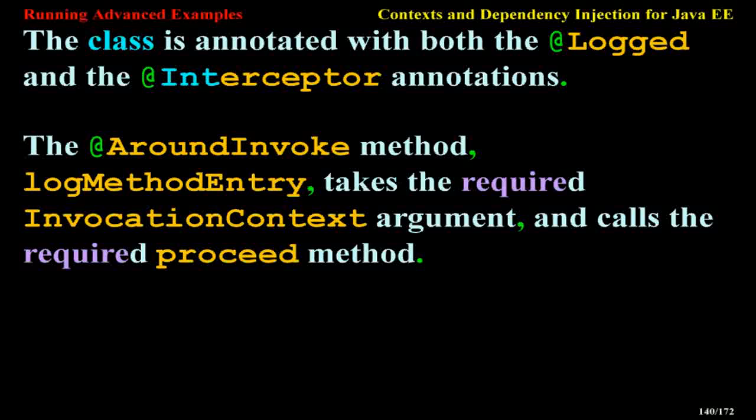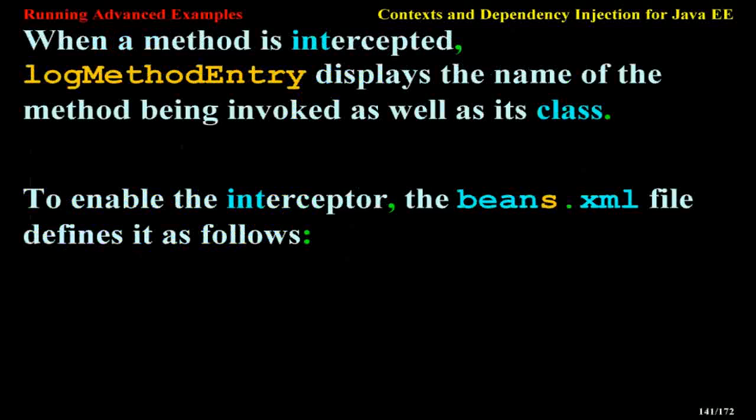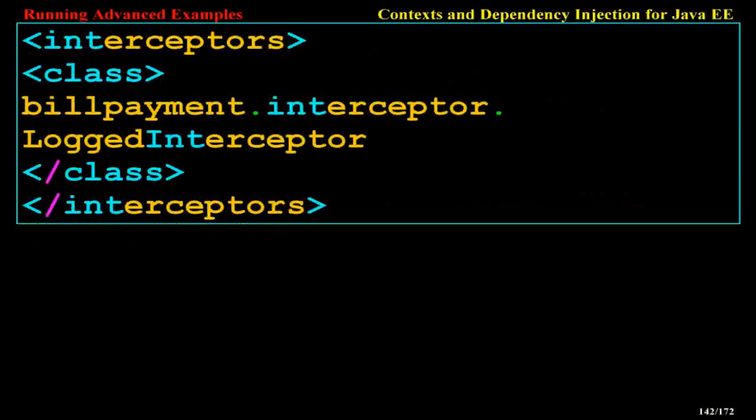The AroundInvoke method, logMethodEntry, takes the required InvocationContext argument and calls the required proceed method. When a method is intercepted, logMethodEntry displays the name of the method being invoked as well as its class. To enable the interceptor, the beans.xml file defines it as follows.